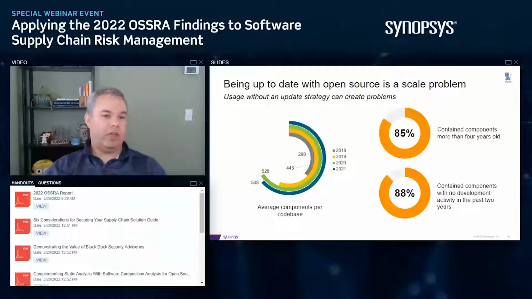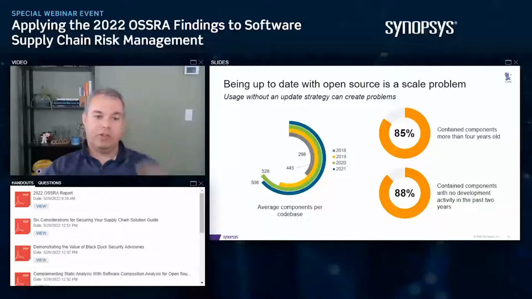So 85% of the code bases that we looked at had components that were at least 4 years old. 88% of them had components that had no development activity in the last 2 years. And no development activity fundamentally boils down to one of a handful of things. First, it could be the result of the functionality being, quote, done, and there's nothing left to do.